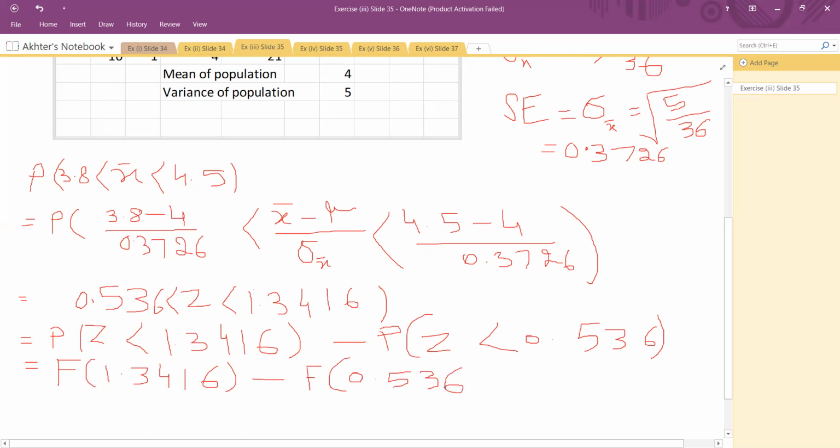Now the probabilities are taken from the normal probability table.